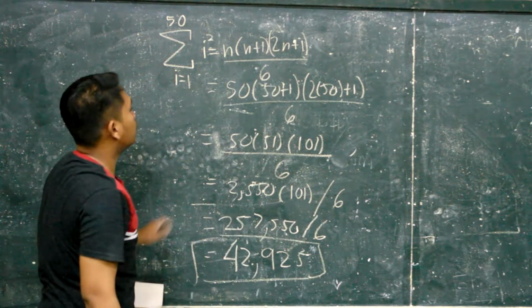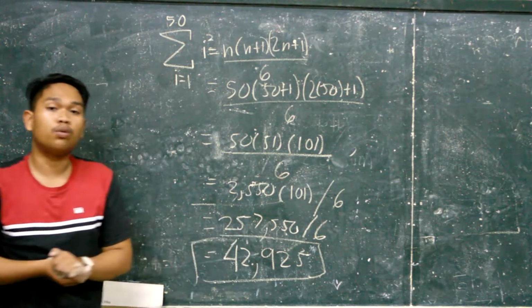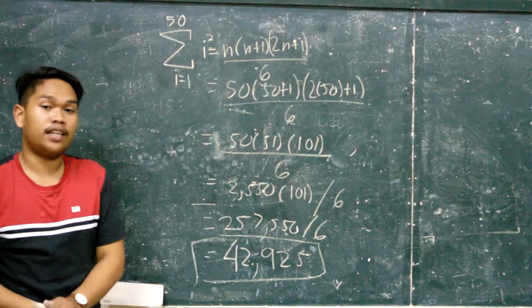So the answer for the summation of i² from i equals 1 to 50 is 42,925.